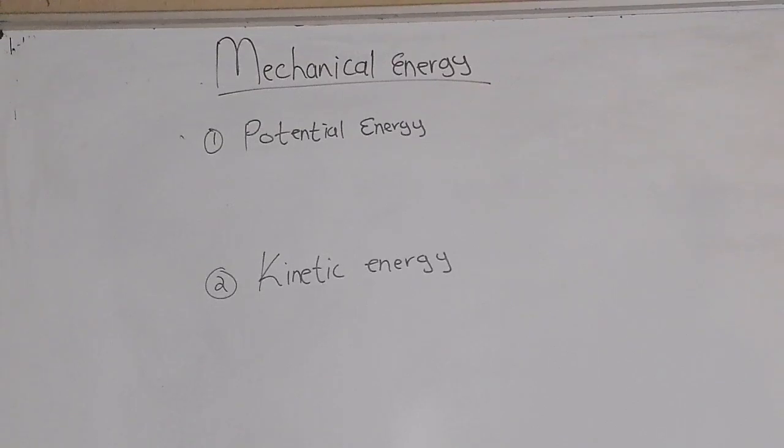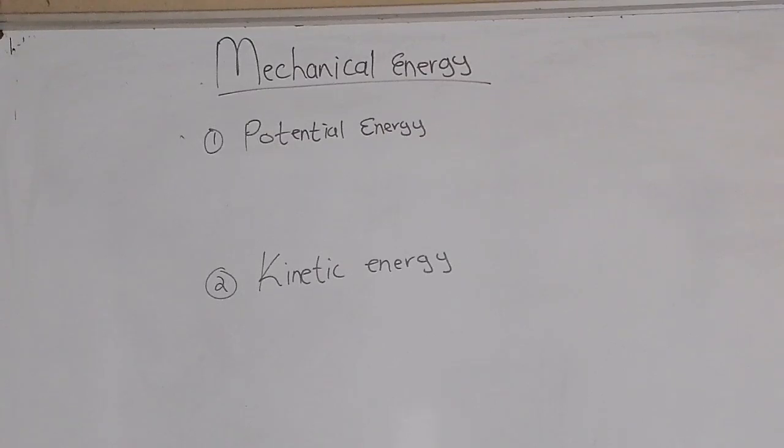Now, what is potential energy? If they ask you to define the term potential energy, you just have to say potential energy is the energy an object has due to its position.